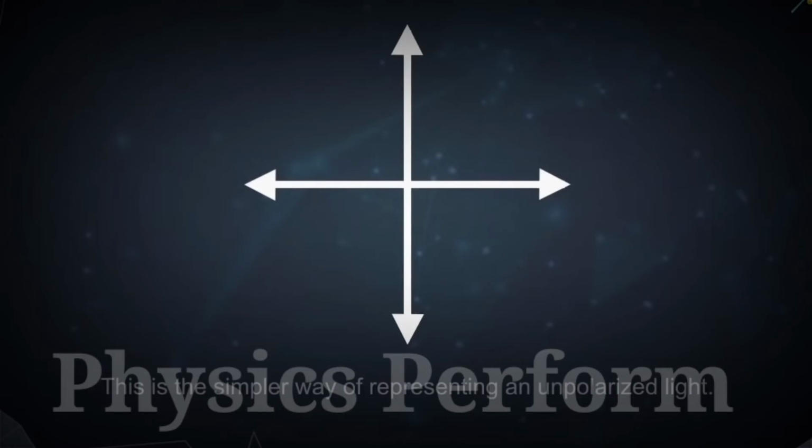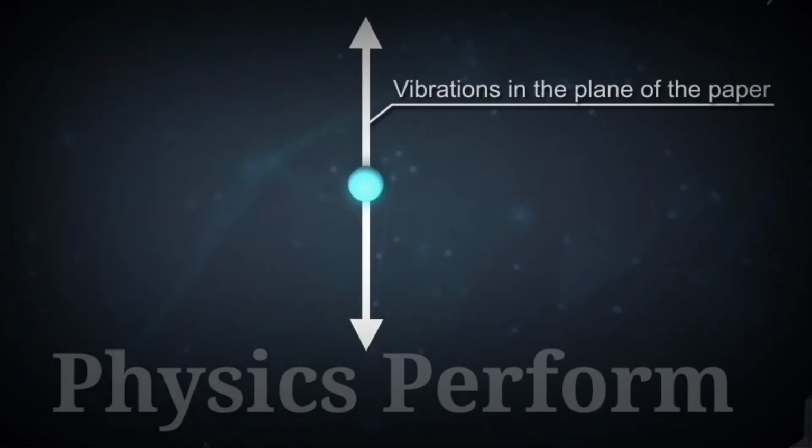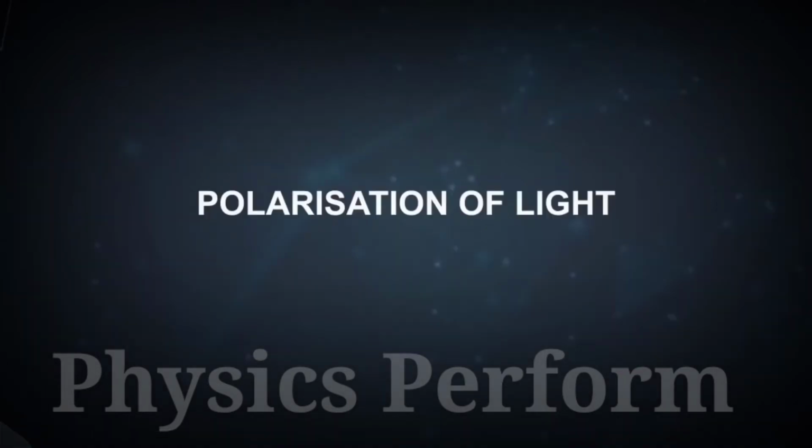Now, this is the simpler way of representing an unpolarized light. However, this is only a front view of the wave. On the side view, the wave is represented in this way. Here, the arrow represents vibrations in the plane of the paper and the dots represent the vibrations in the direction perpendicular to the plane of the paper.